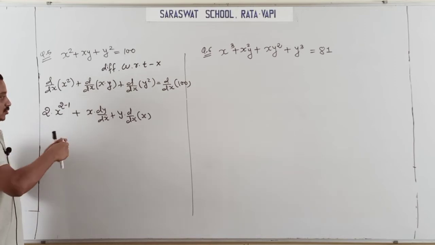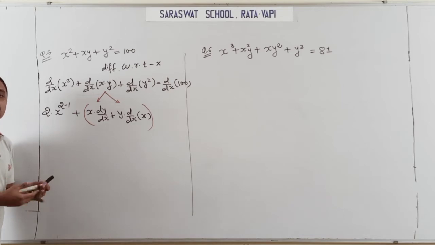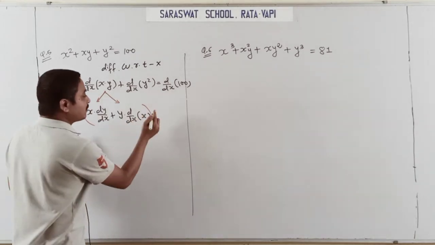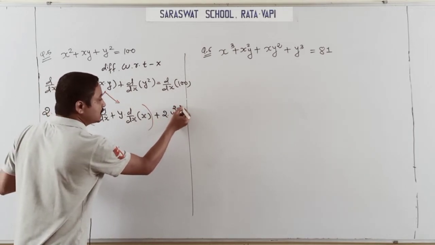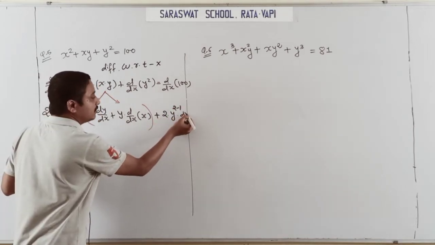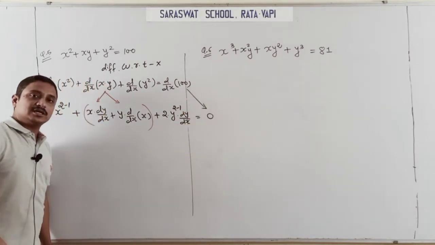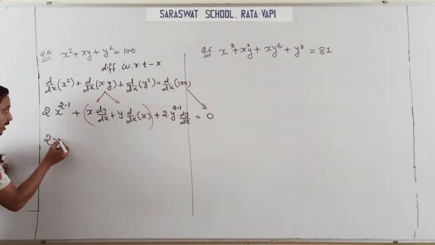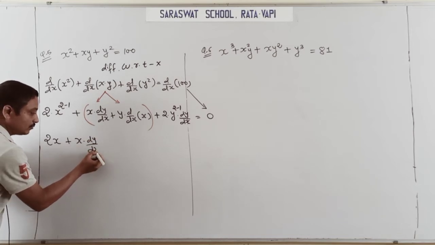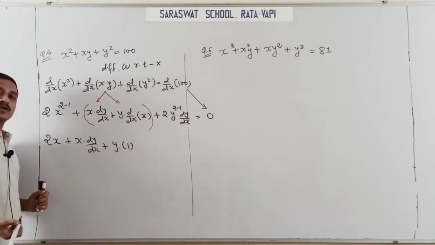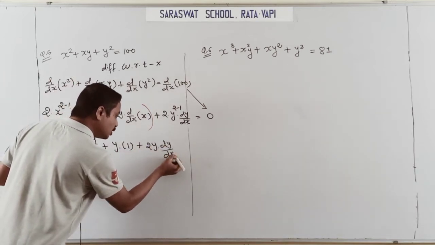Actually these two terms are for this one. Okay, and now y square derivative, same as applying the derivative according to x raised to n: 2y raised to 2 minus 1, the y pending dy by dx, and is equal to 100, constant, 0. So 2x plus x dy by dx plus y, since derivative of x with respect to x is 1, and here 2y dy by dx is equal to 0.